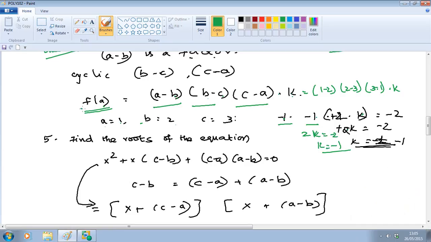Now we get the full answer. f of x is equal to, so value of k is minus 1 multiplied by a minus b multiplied by b minus c multiplied by c minus a. We can multiply minus 1 with any of the factors. Then we get, if we multiply minus 1 with a minus b, we get b minus a.